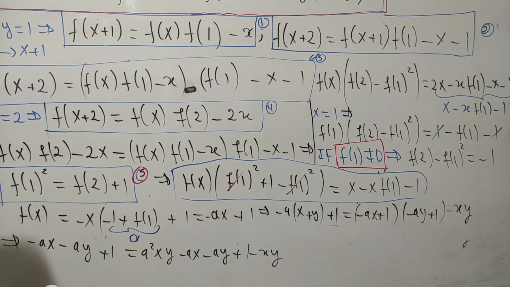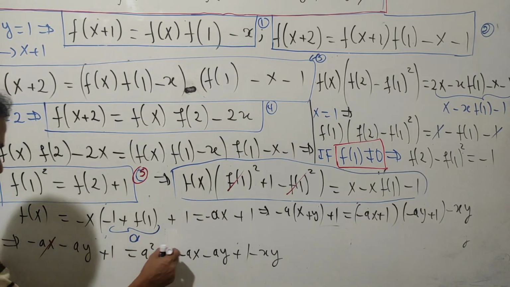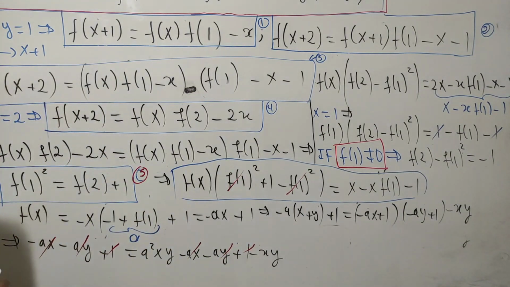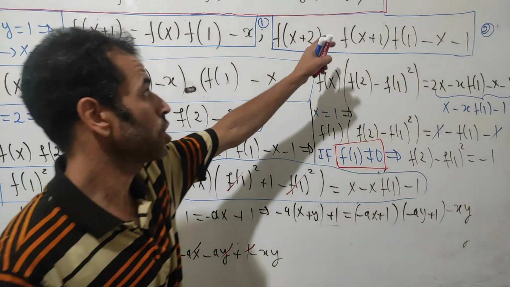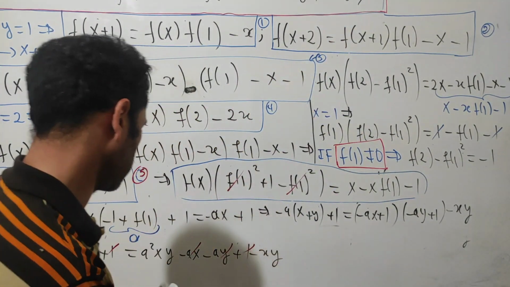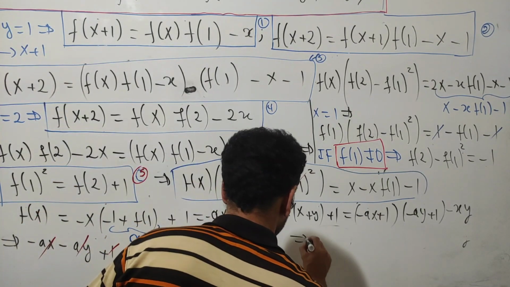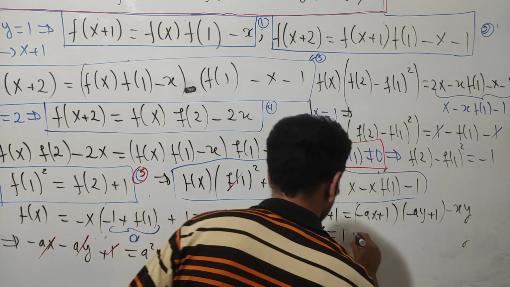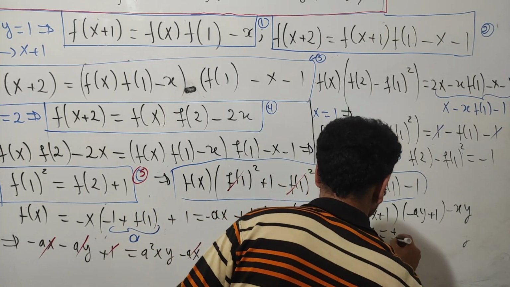We'll have a lot of cancellation here. Then move xy to the other side and divide both sides by xy, since xy is strictly greater than 0. In the end I get a squared equals 1, which means a equals plus or minus 1.